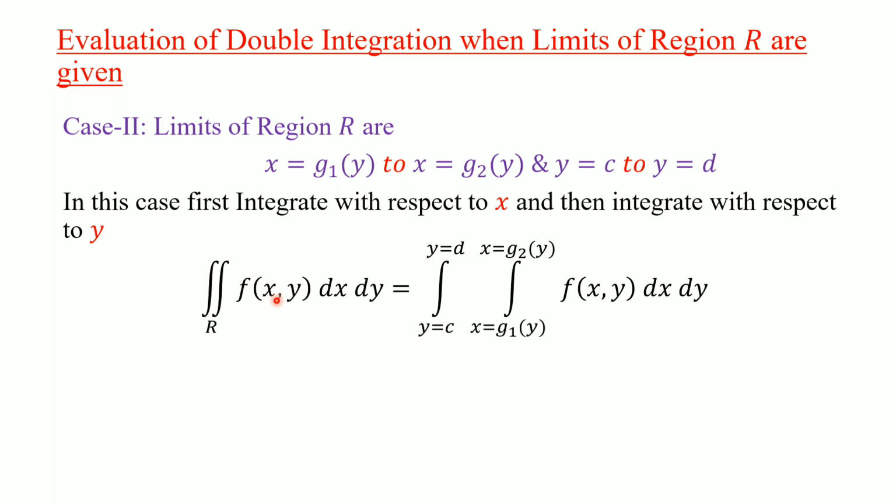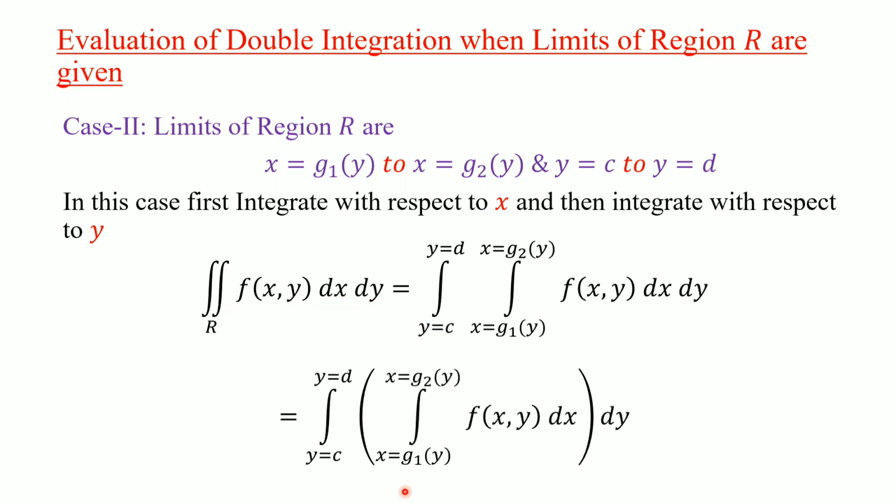So the double integral of f(x,y) dx dy over R is now this, where this bracketed term we will integrate with respect to x first and then with respect to y. So you can observe here, when limits of y are constants and limits of x are functions of y, order of integration is first with respect to x and then with respect to y. So this is how we can choose order of integration.